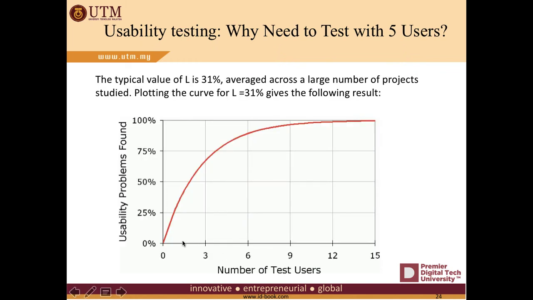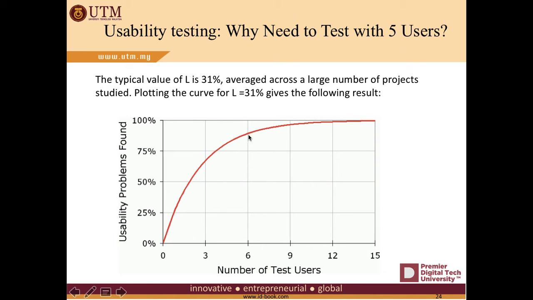You can see this graph shows the usability problems found. You get 100% found when the number of users reaches 12. The first user might find a very small number of usability problems.